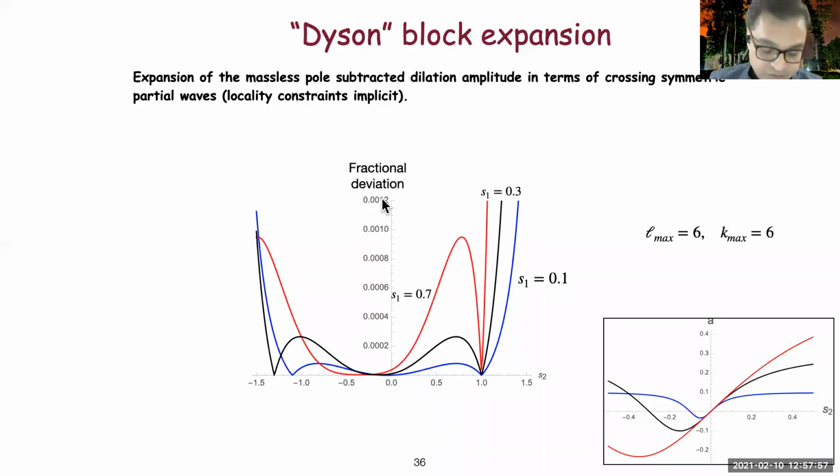You take the string amplitude, do this partial wave expansion, subtract out the massless pole, and plot the fractional deviation. That means you truncate to spin 6 and the number of poles to 6, and then ask what is the fractional deviation from the exact answer. As you can see, the fractional deviation is extremely tiny, at least in the region that we have looked at.